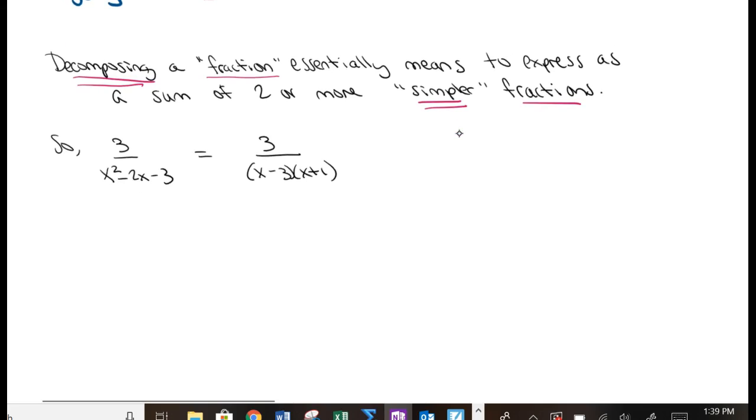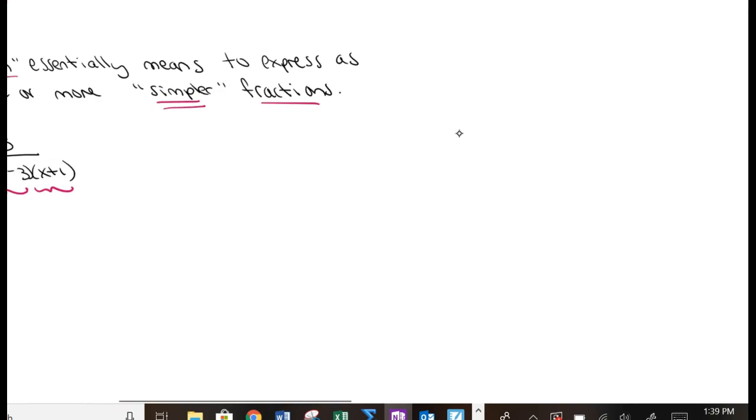So here's the original rational expression. And the first thing I did here was rewrite the rational expression with the denominator as a set of factors. Now I'm going to go over here to the side for a second and use our old friend, a regular fraction.